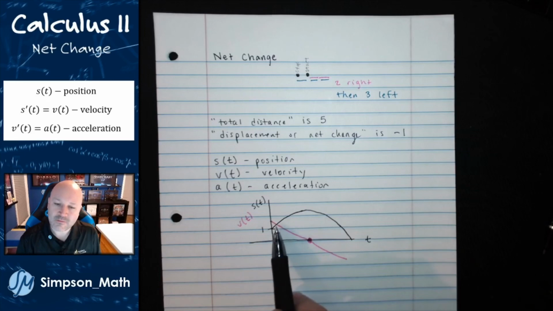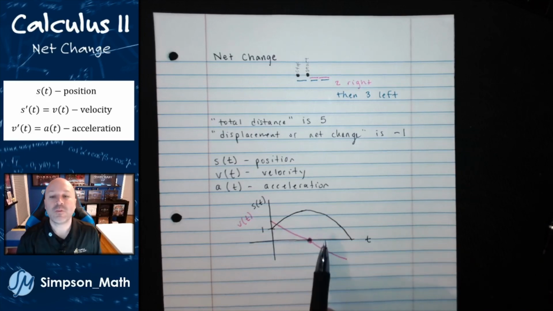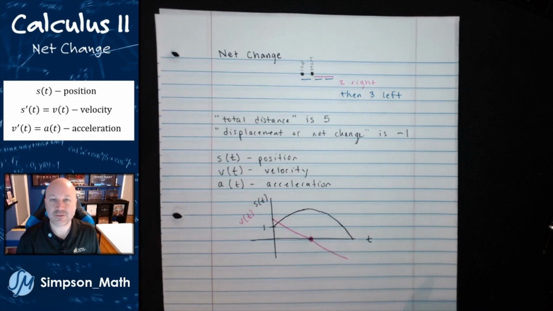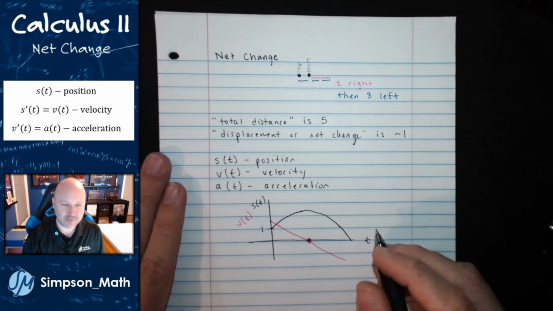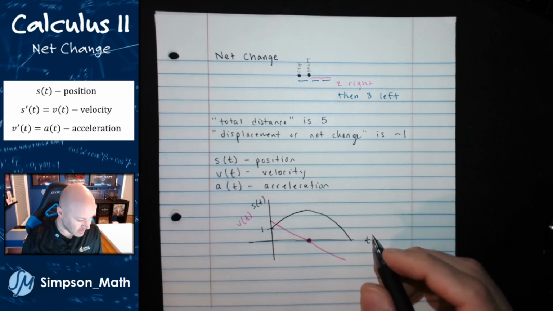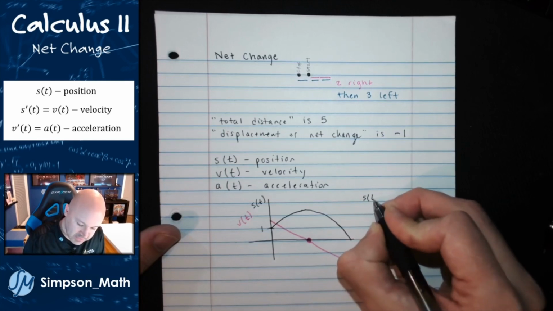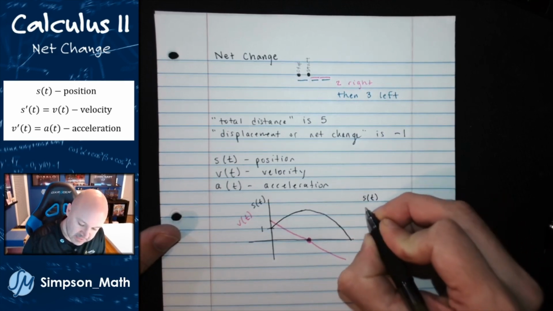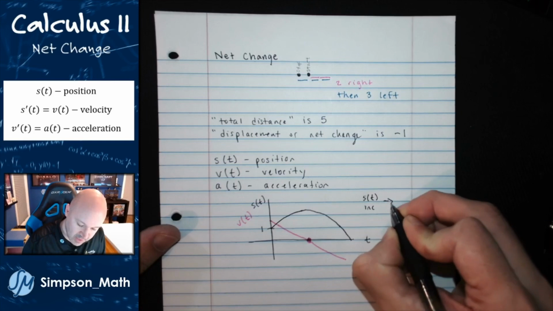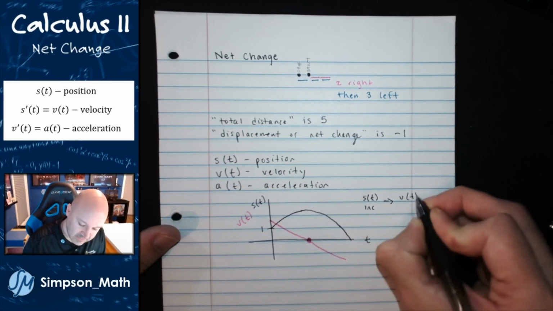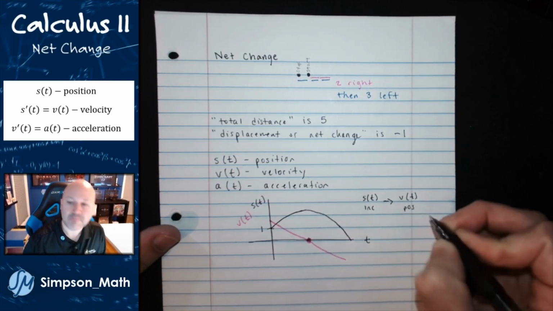So when a velocity function is positive, the object is moving in a positive direction. When the velocity is negative, the object is moving in a negative direction. Let me just write down what I just said there. I said when the position function is increasing, that implies that the velocity function is positive.